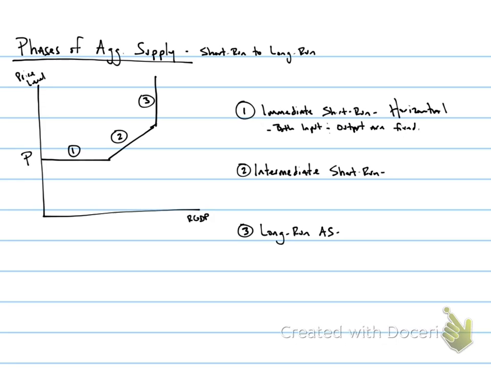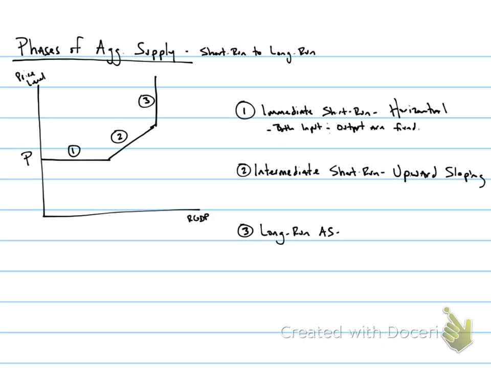Our next phase is what we call the intermediate short run, and this is the upward sloping phase. And this is a longer window of time, and this is how we typically draw our short run aggregate supply curve as an upward sloping curve.